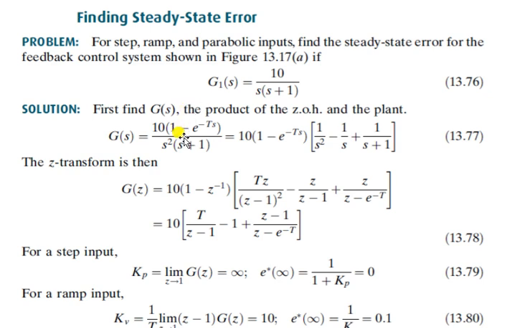First, you need to convert the S domain into the Z domain, and you also know the conversion process. If you do not know this process, you can refer to my previous videos. In the process, you need to use this 1 minus e to the power minus Ts into this term. So you will write 10 upon s square into (s plus 1).